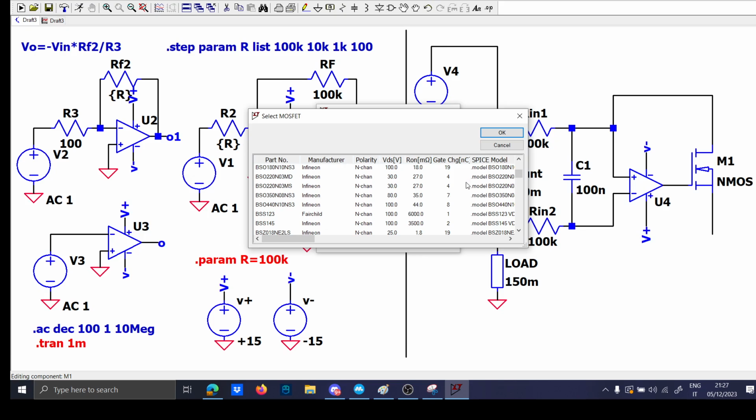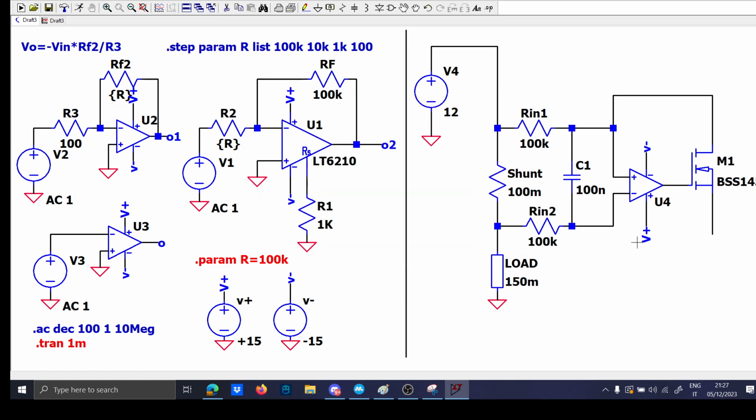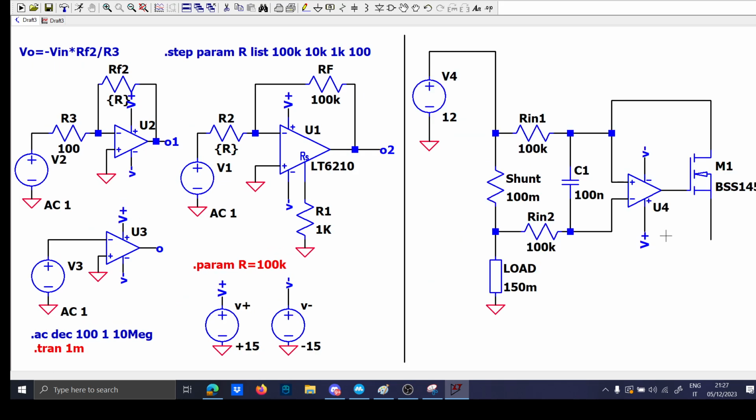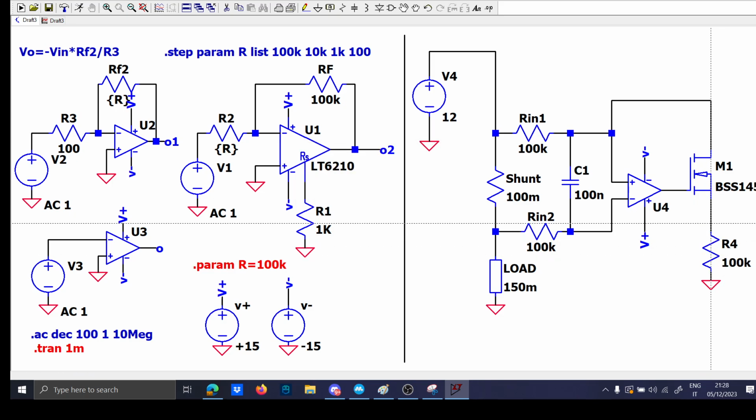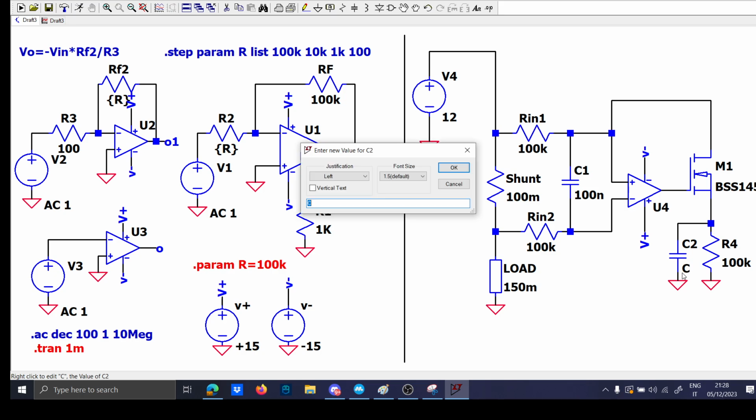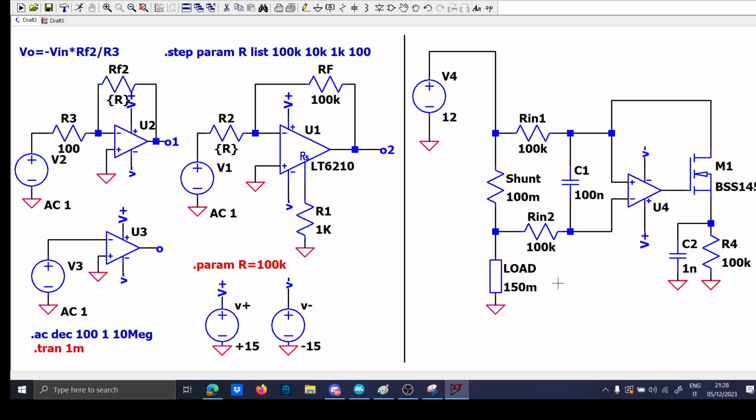I prefer a lower gate charge. Yes, this one. 6 ohm is a bit too much. So let's use this. And let's put the load, for instance, 100k. And let us put the bypass capacitor, a filter capacitor of 1 nano.